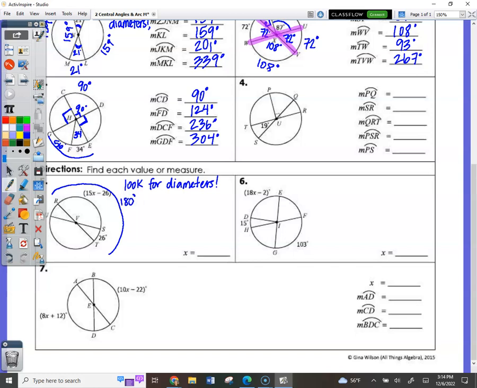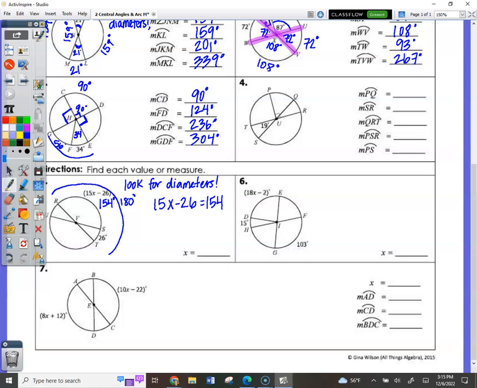Okay, so what's 180 minus 26? 154. So then this right here has to be 154, and you could set that equal and you have less work to do. It's called the subtraction method, where you know what it has to add up to, you subtract off what you already absolutely know, and then what's left, that's what the algebraic expression has to equal.